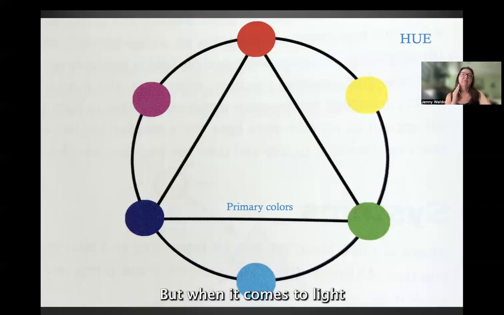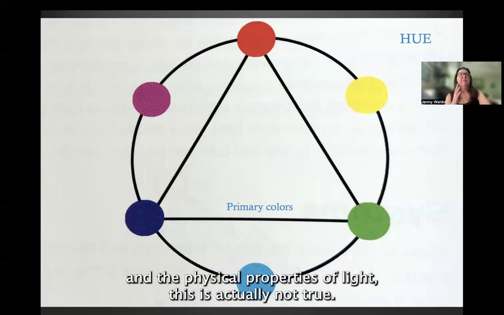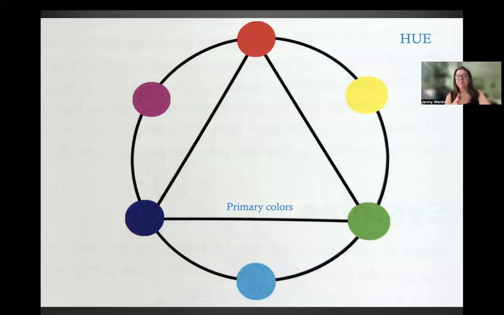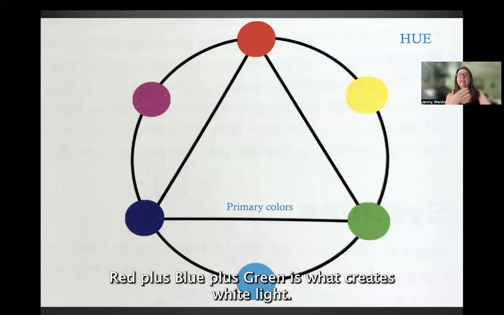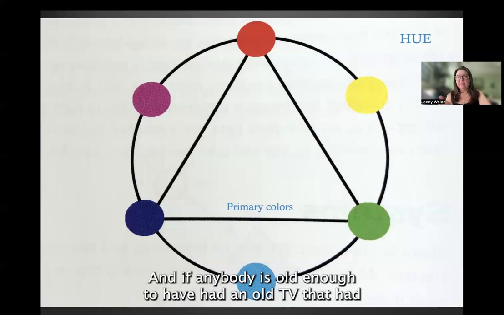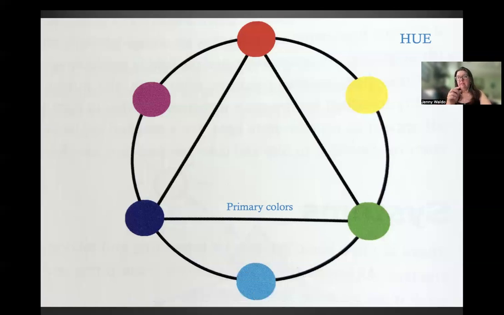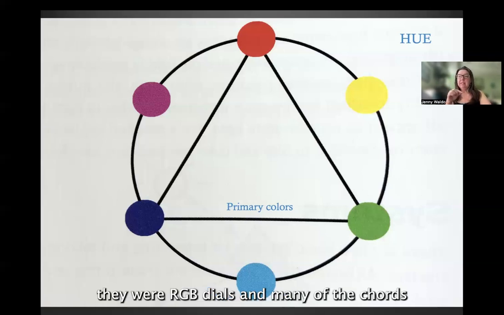And when it comes to light and the physical properties of light, this is actually not true. Red plus blue plus green is what creates white light. And if anybody is old enough to have had an old TV that had little dials on it, they were RGB dials.